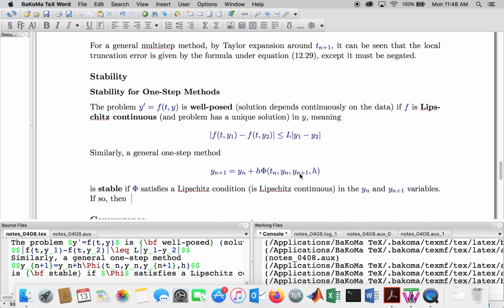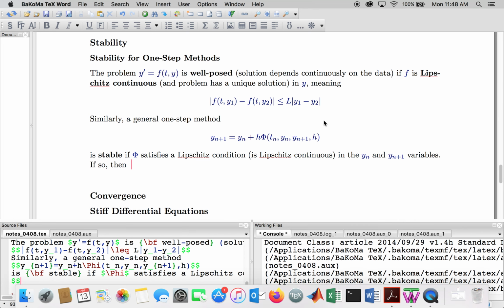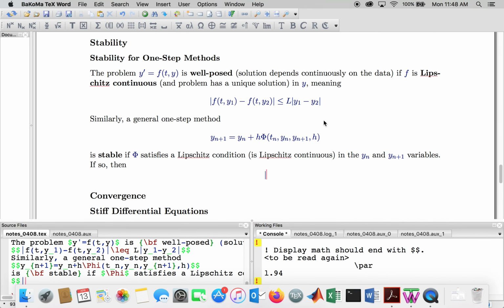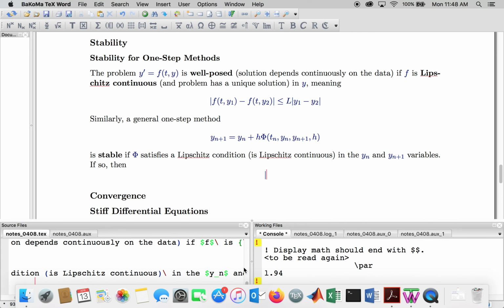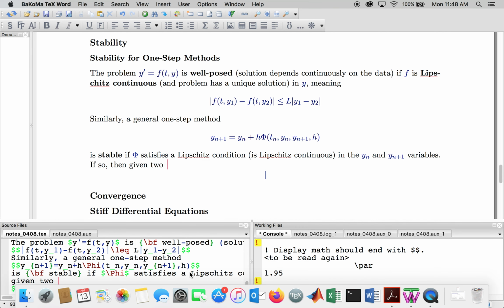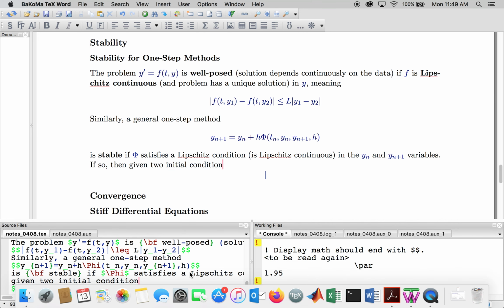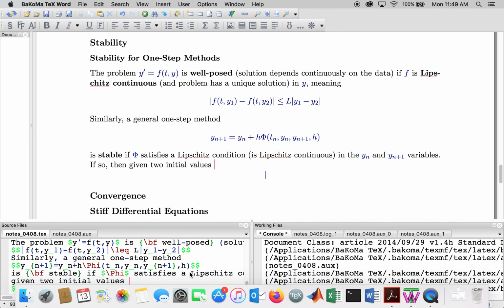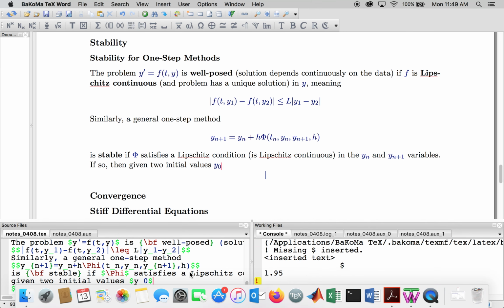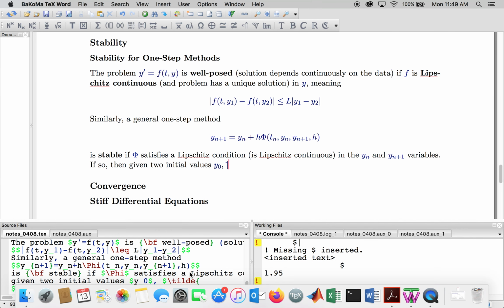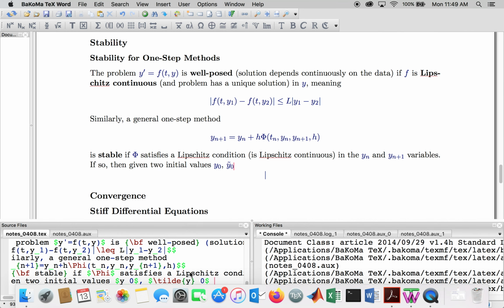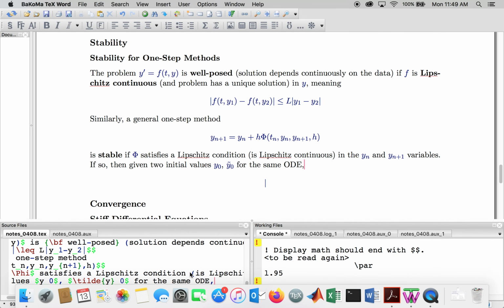So then we have the following. Suppose we have two different initial values, y0 and tilde y0, for the same ODE.